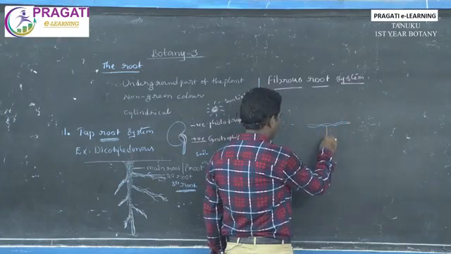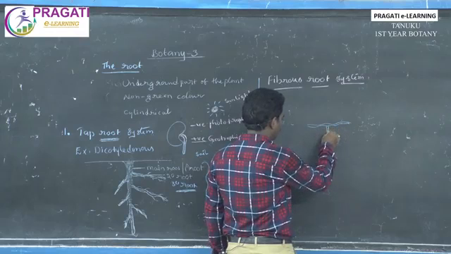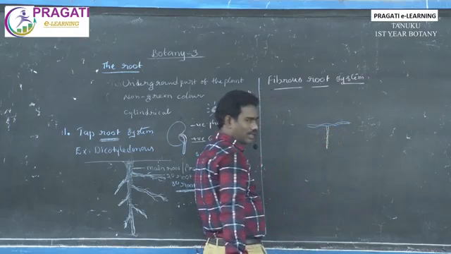The main root developed from the radicle degenerates.